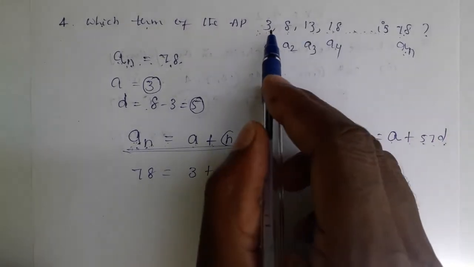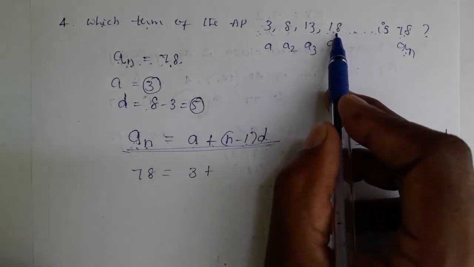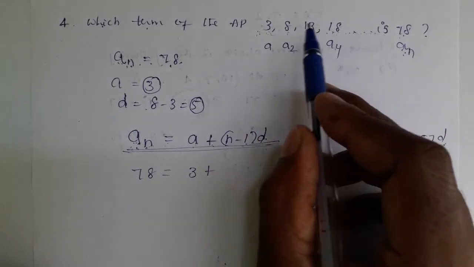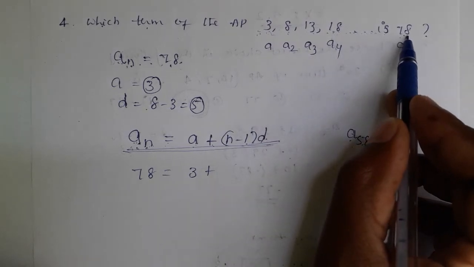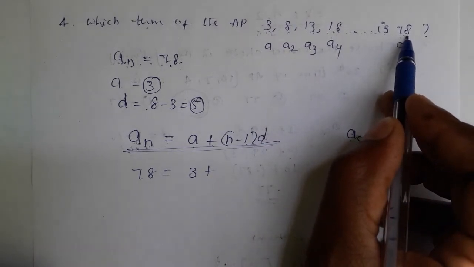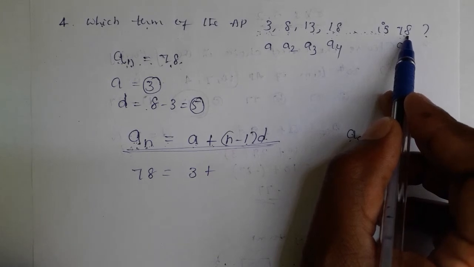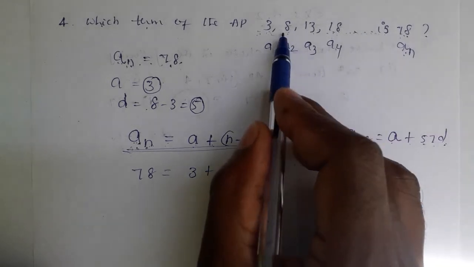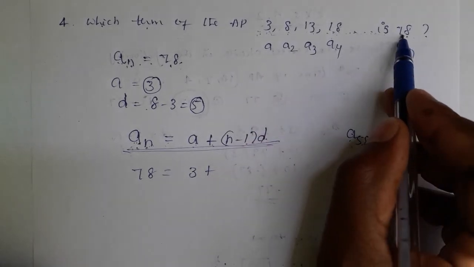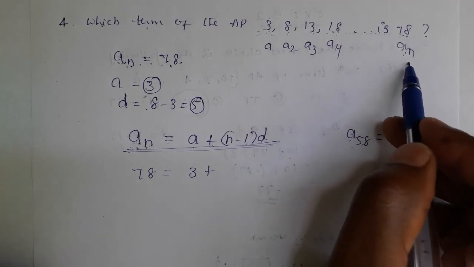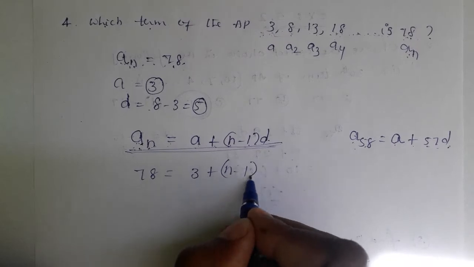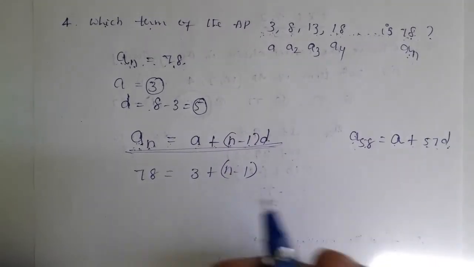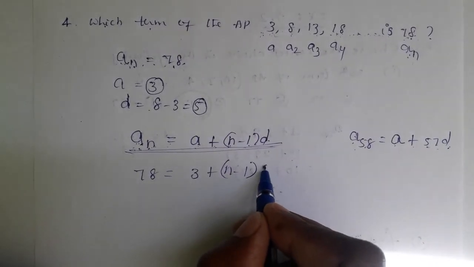If the number ends here, 1, 2, 3, 4, we can count easily. Till here 4 members are there. Till here how many members are there? 78 is sitting in which position? Unknown. If suppose 78 is sitting in 100th position, we can say here 100 members are sitting. But 78 is sitting in a position which is unknown, therefore N value is still unknown, because we don't know how many are there in this row. Now D is 5.